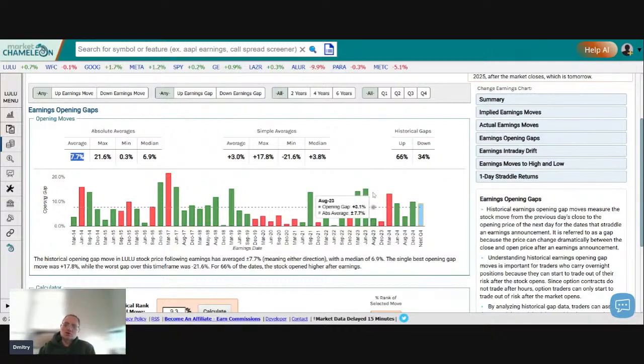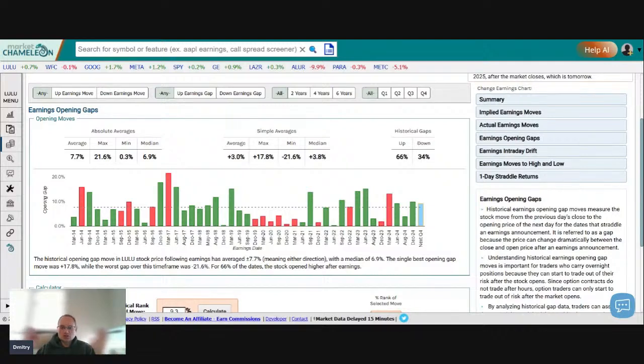We have some going way above that average, like these couple. Then we have some that are way below this average, right? So there's a big range there. So that 7.7, even though that's the average move, we see that there's a lot of variability. There's a big range around it.